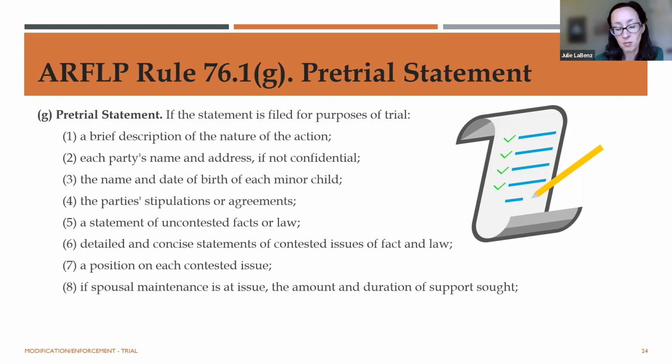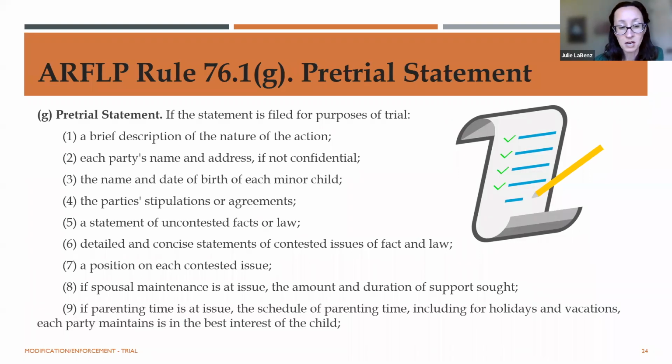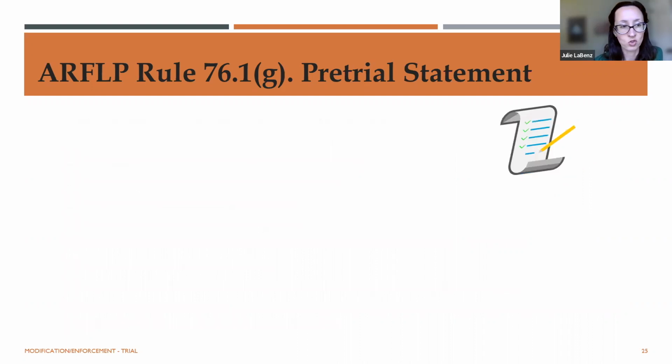If modification or enforcement of spousal maintenance is at issue, then the amount and duration of support sought. If parenting time is at issue, then what is the schedule of parenting time, including holidays and vacations, that you maintain is in the best interest of your child.